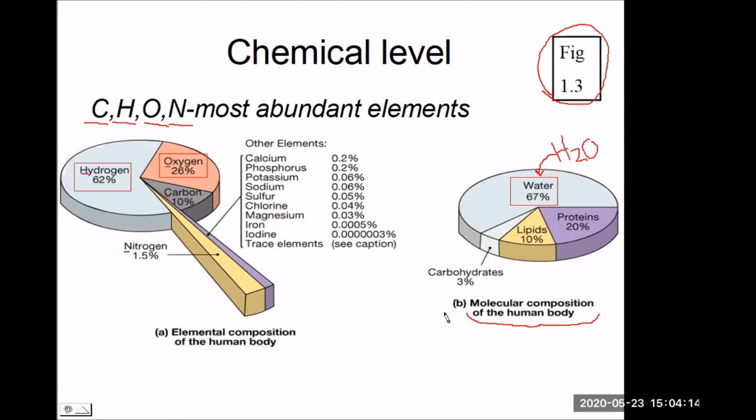And the last thing I want to note before we move on, whenever it comes to the percentages and figures, I have the ones that I want you to commit to memory boxed in. So you notice here for the hydrogen, the 62%, and the oxygen, about 26% of our elemental composition. And then again here, water, we're about 2/3 water, especially earlier in life. The younger we are, we're more fluid.